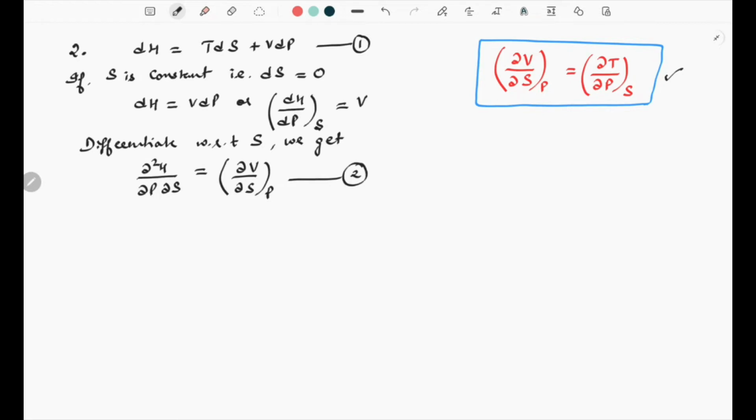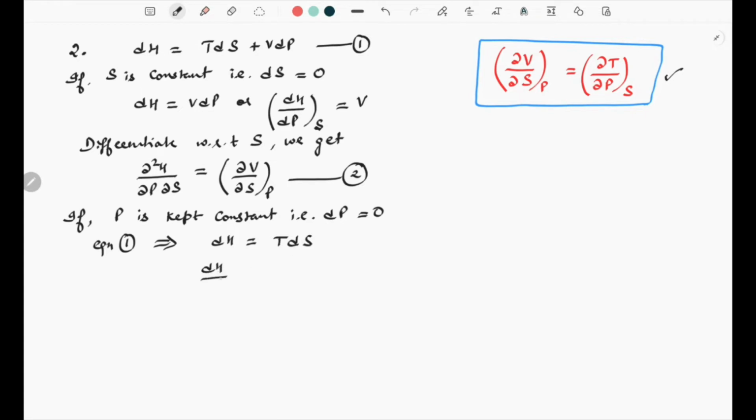Now repeating the whole procedure in the second stage, if pressure is kept constant, that means dP is 0, then equation 1 can be reduced to dH is equal to TdS or dH by dS.